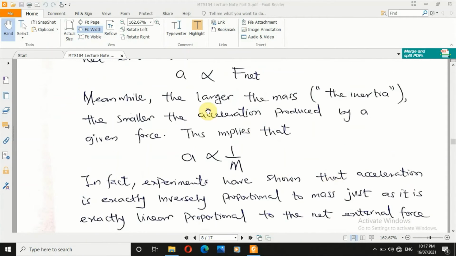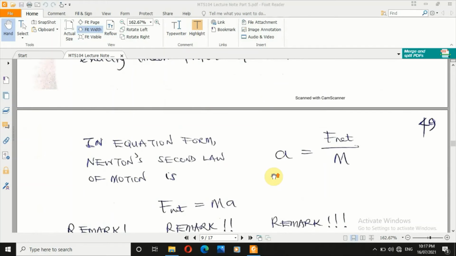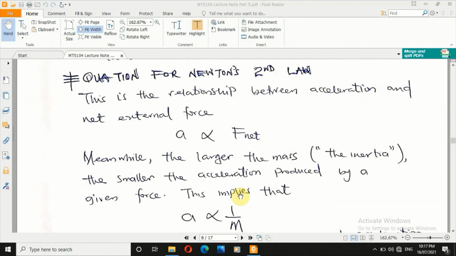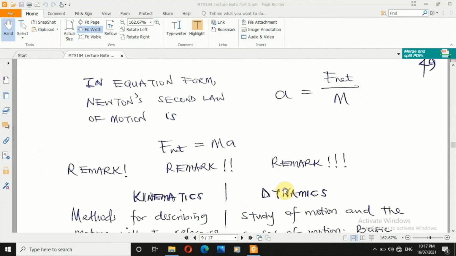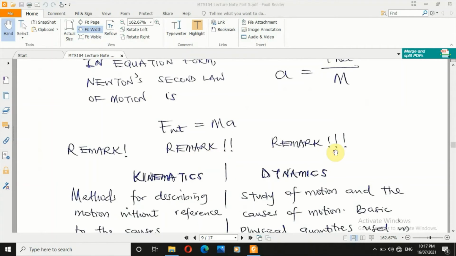So, you can understand that acceleration is directly proportional to external force, while acceleration is proportional to what? 1 over mass. So, if you combine the two together, you now see that acceleration is simply force over mass. So, if you make force the subject of the formula, you now see that force is what? Mass times acceleration.